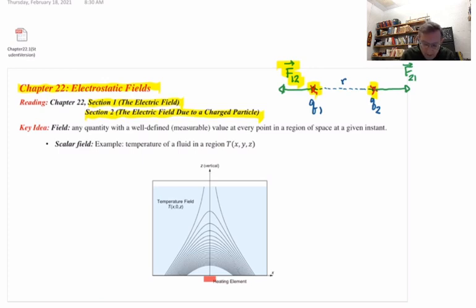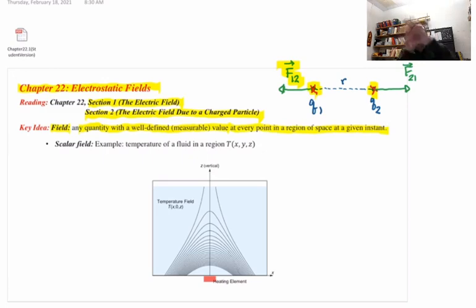A field in physics and mathematics, it's not the agrarian or agricultural meaning of the term. It's a meaning of the term in physics and mathematics. A field is any quantity with a well-defined value, that means it could be measured with the appropriate instrument, at every point in a region of space at a given instant.